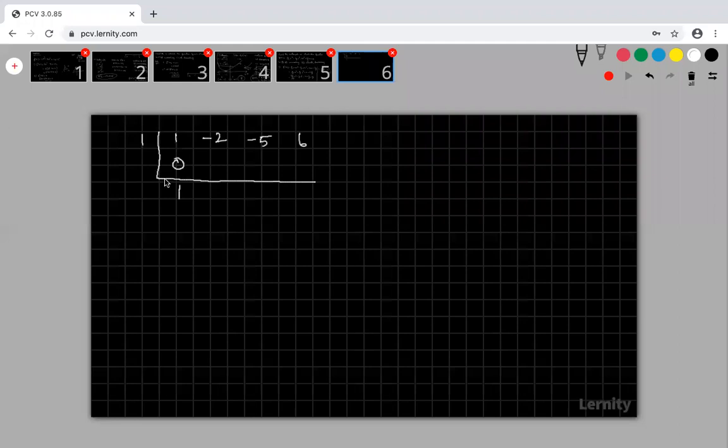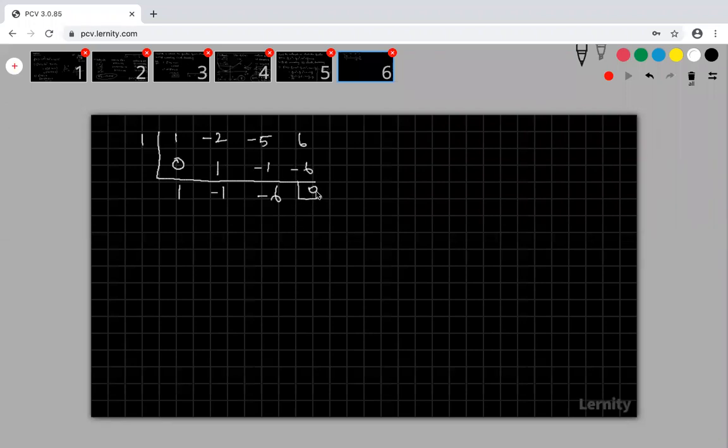Now multiply these two: 1 into 1 is 1. Again, look at that. Minus 2 plus 1 is minus 1, and multiply 1 into minus 1, that is minus 1. Here you add these two, I'm getting minus 6. Now multiply 1 into minus 6, that is minus 6. Now it is 0.